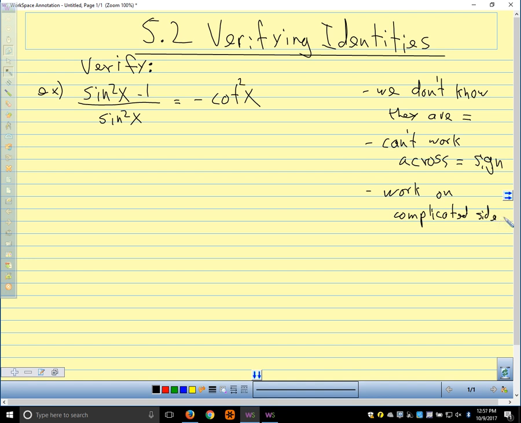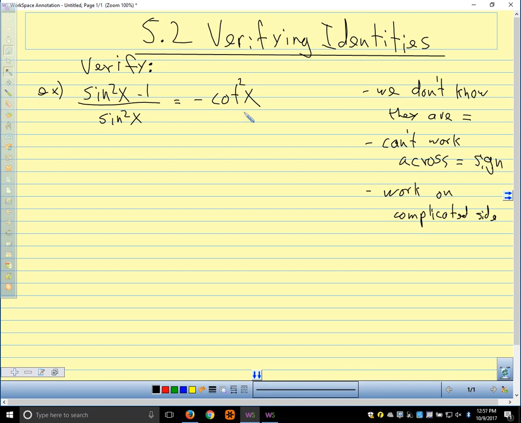There's more stuff there. And you also want to look for opportunities to use your Pythagorean identities. Look at the trig functions that are involved in where you want to get and try to write your other side in terms of those trig functions. So there are some general rules, but not hard and fast rules. And often for identities, there is more than one way to get where you want to go.